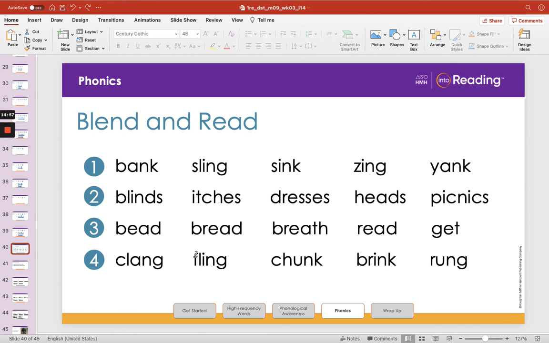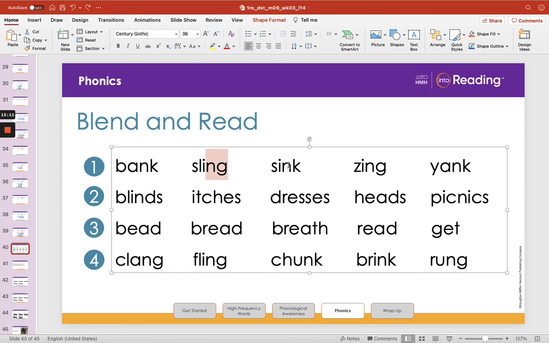All right, so attached to your Google Classroom assignment is your blend and read. I want you to practice doing the ng sound and the nk sound. I also want you to practice adding your s and es to a word.